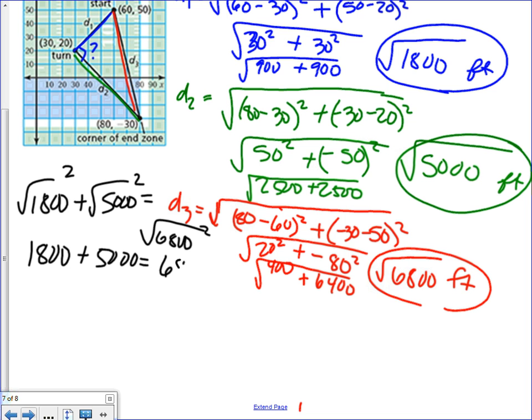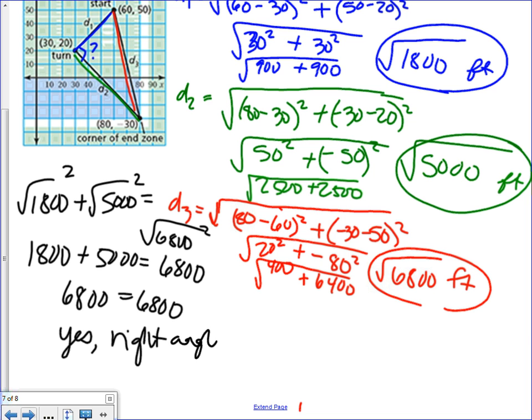Oops, and does that equal 6,800? Well, 1800 plus 5,000 is 6,800. So, yes, since this is true, the sides form a right angle. Okay, it's a right angle. So, yes, the player ran a 90 degrees turn.